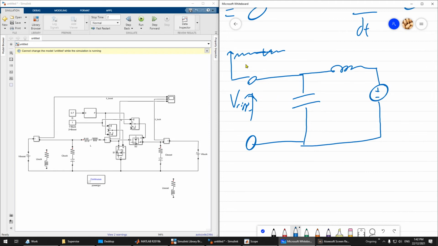For example, V ripple is equal to VDC plus VAC. At this point this is VDC, and at this point is VAC. Sorry, this one is V ripple.